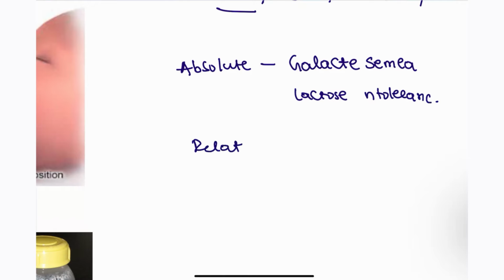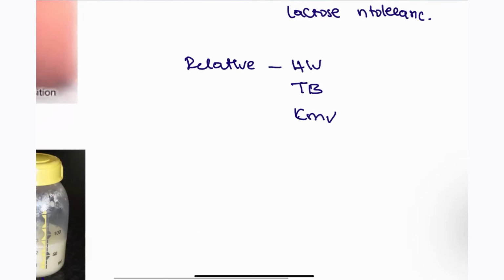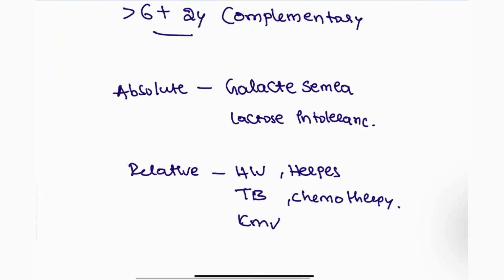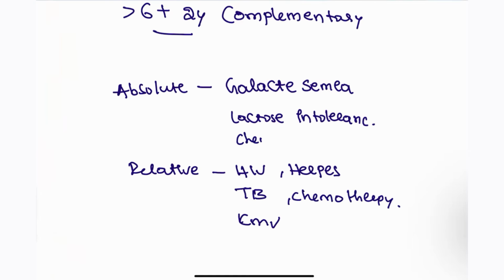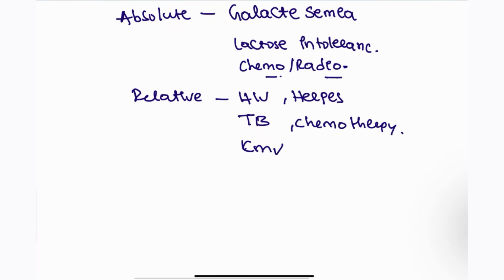Next, relative contraindications like HIV, TB, CMV, or active herpes lesions, and those who are having chemotherapy. This patient also we are not going to give. Actually, chemotherapy is an absolute contraindication, chemo or radio, because the radioisotopes or chemo can be transmitted. So that's why it is an absolute contraindication.